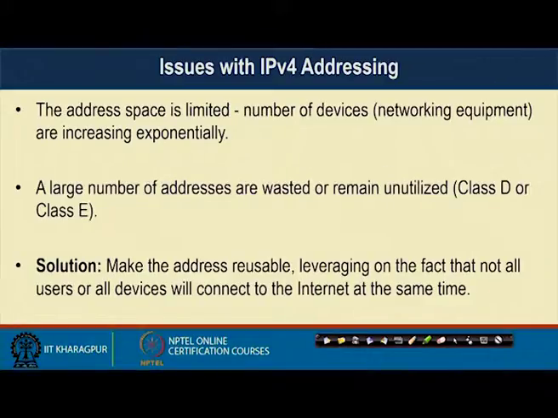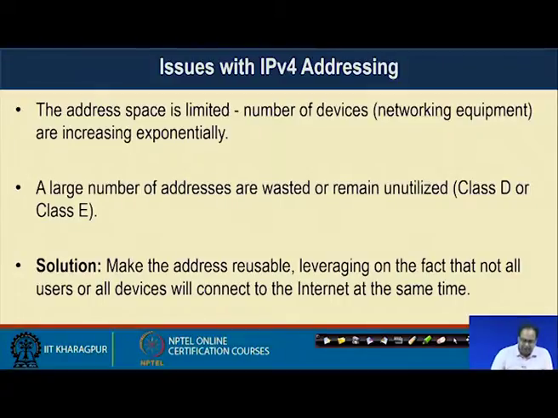So, that is the major problem with the IPv4 addressing scheme: the address space is limited, and the number of devices, that is the networking equipment, is increasing exponentially. And a large number of addresses are either wasted or remain underutilized, like the class D or class E IP addresses. So, what can be a possible solution?